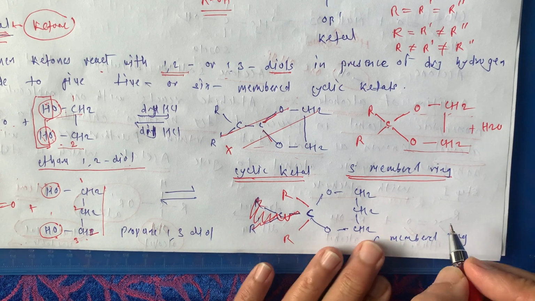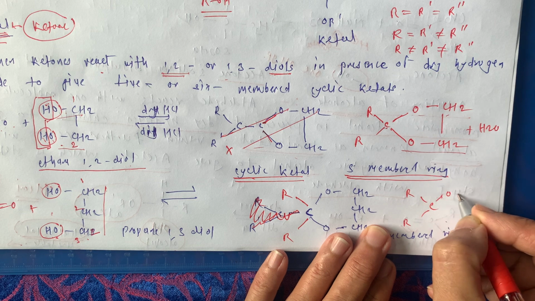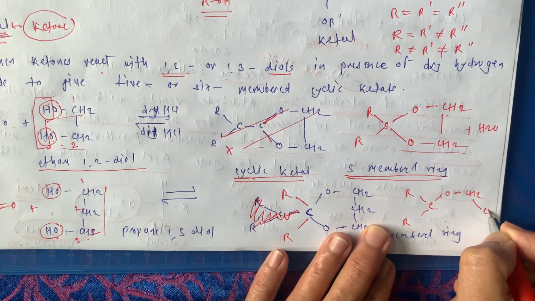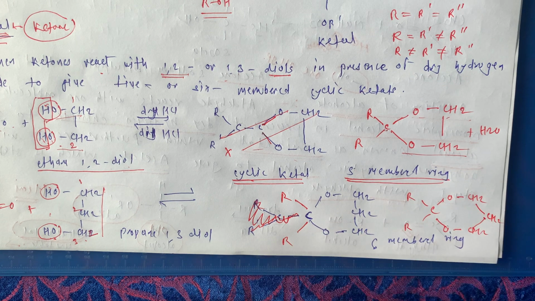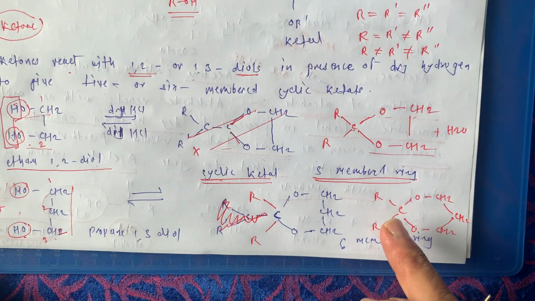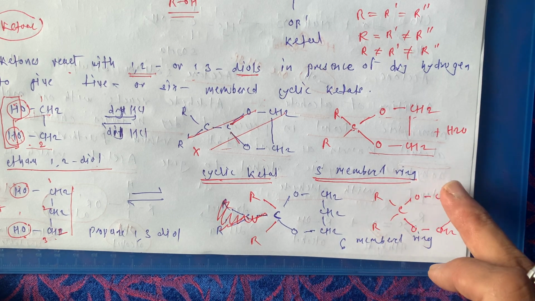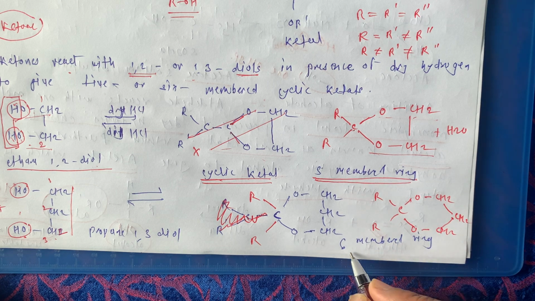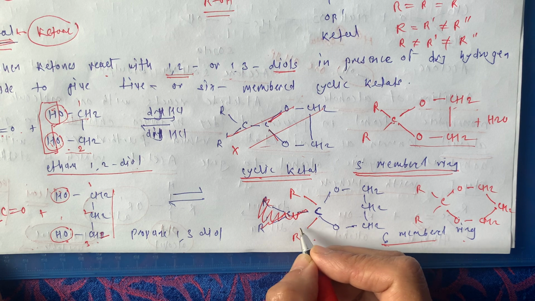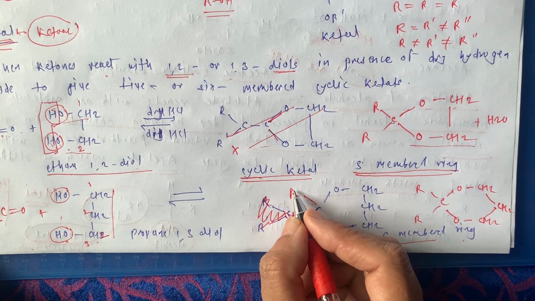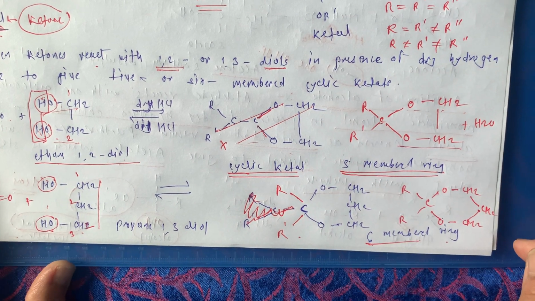You may also write this as C R R, here it is O, here it is CH2, then CH2, O, CH2, and the bond formation is like this. So now this is a 6-member ring: 1 2 3 4 5 6. So this is a 6-membered ring, and this is also a cyclic ketal. Here it is R and R dash, and here it is also R and R dash.